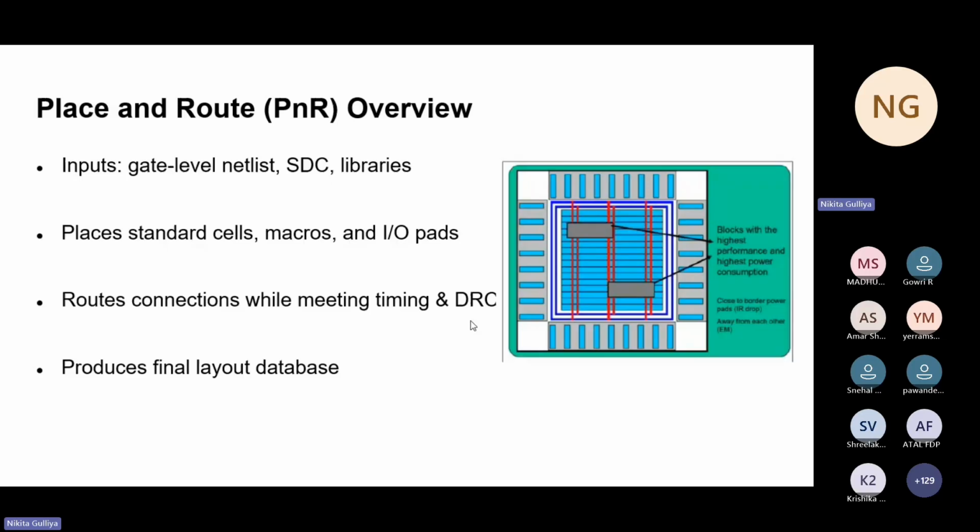Standard cells are pre-designed, pre-verified logic blocks such as AND or NAND, flip-flops, buffers, or clock gating logics. And IO pads, input-output pads, connect the internal chip signals to the outside world.